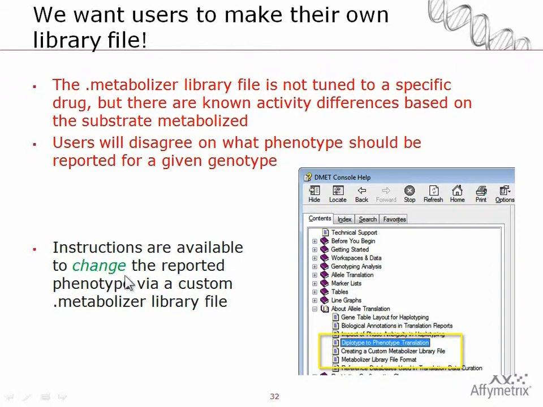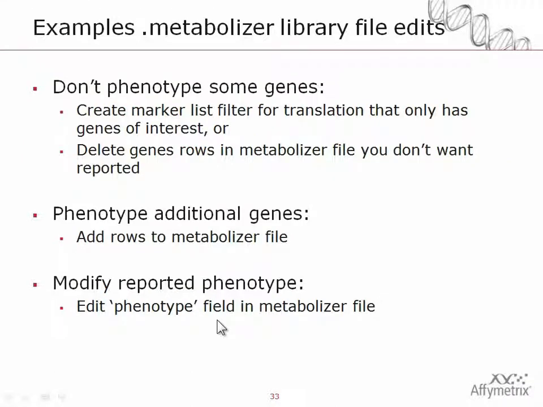So instructions for doing this are reported in the DMET Console help that comes with the software. You can also download it as a PDF separately. There are some sections on how phenotyping works and how to modify the metabolizer library file safely. Examples of things you can edit.